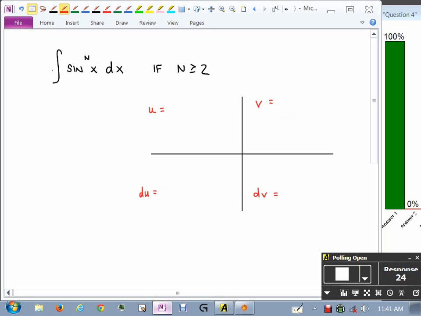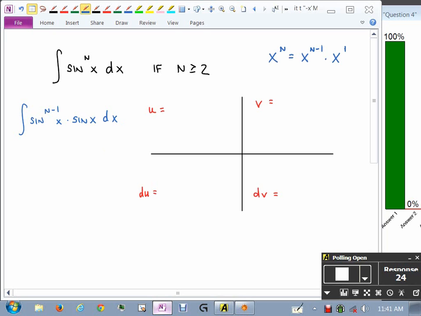I want everyone to realize that this original integral could be written like this. That's like me writing x to the n. Do you agree that that's the same as x to the n minus 1 times x to the first power?